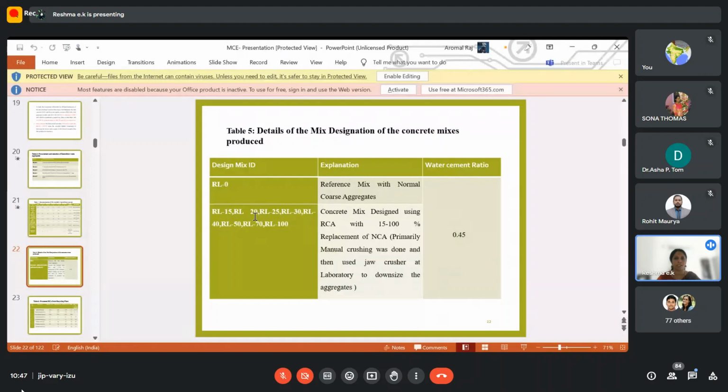Then 20% replacement, 25, 30, 40, 50, 70 and 100. This is the percentage replacement I have used. You might think why it is varying. I have used 15 here, then only 5% increment, then again only 5% increment, then again only 5%, then 30, 40, 50, 70, 100.